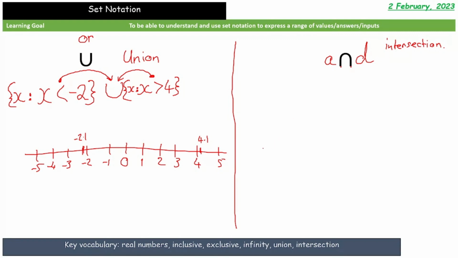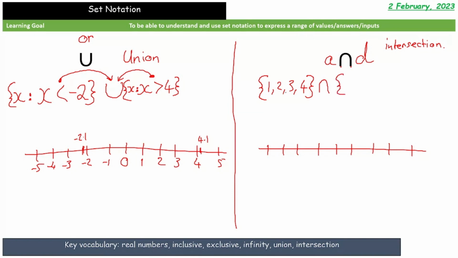So if I was to draw a number line again, and let's just do it like a sample space to make it easier. We're just going to put some numbers down. So let's say we've got these numbers 1, 2, 3, 4, and we have an intersection of this set with this set of data.